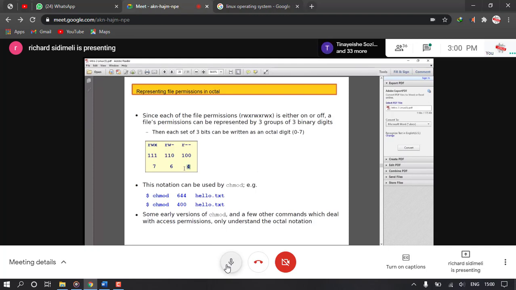You see that it's 4 when it's 2 to the power 2. So 4 plus 2 plus 1 is 7. Did you get it? Yes, I got it. Thank you, anybody else?